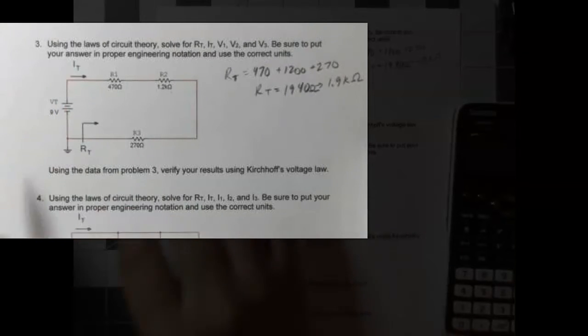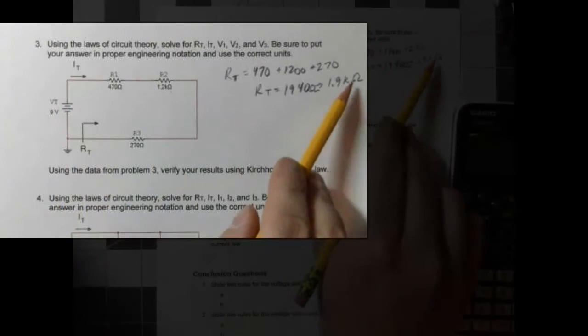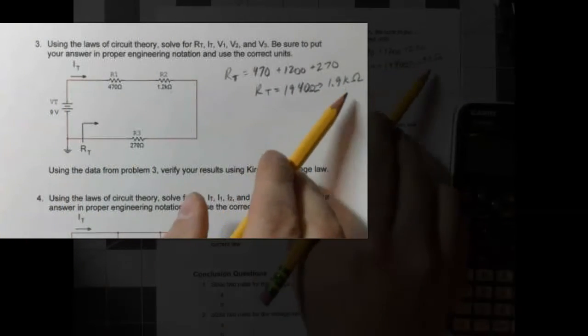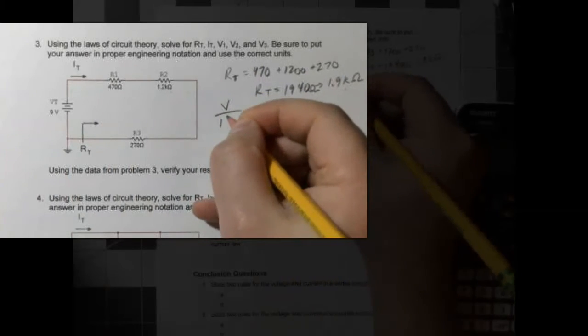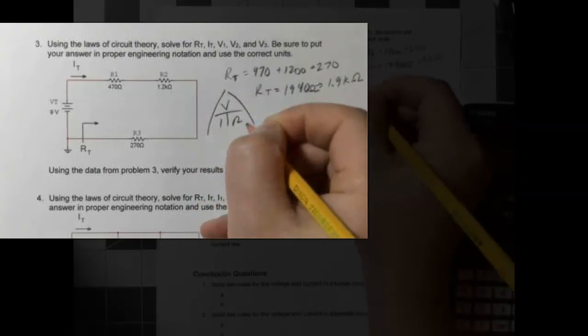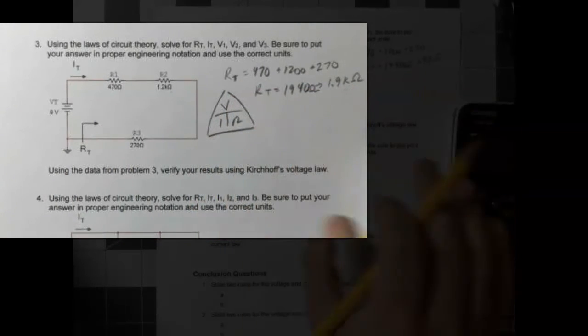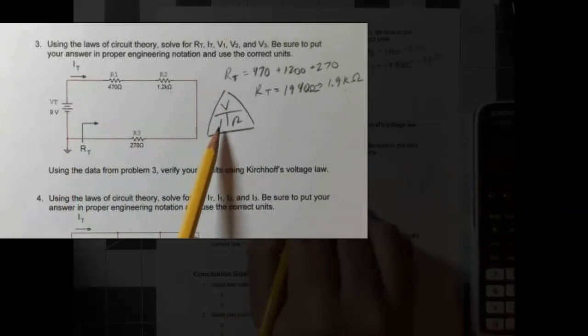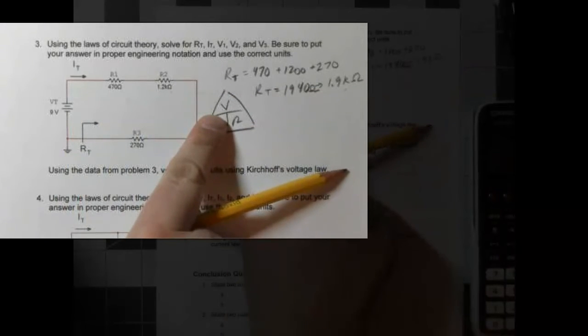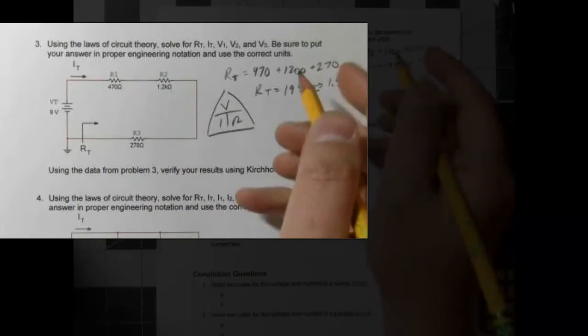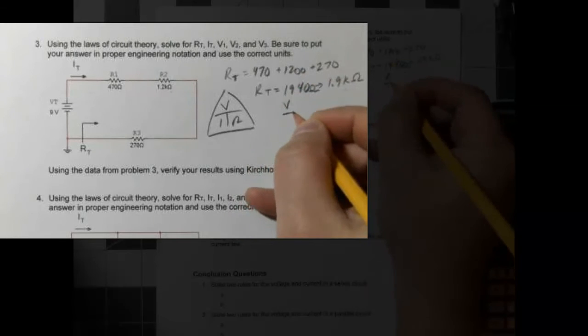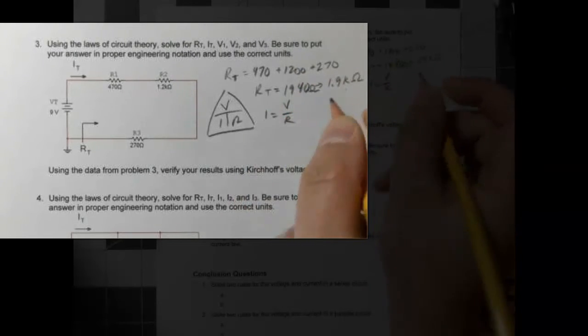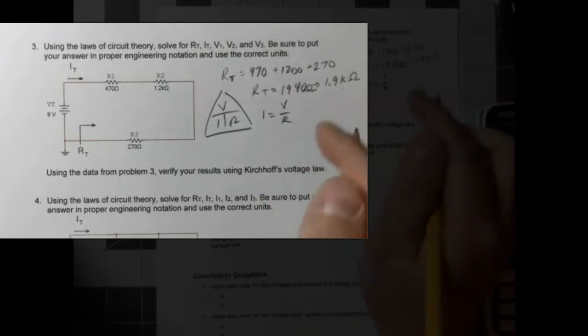Now our current total. So we know we have the voltage, we have the resistance total. They want to find current, so if we're going to cover current, we can divide V divided by R. So V divided by R will give us our current.